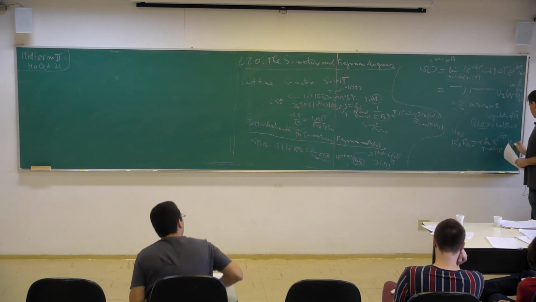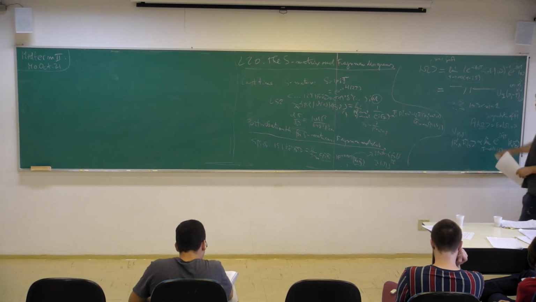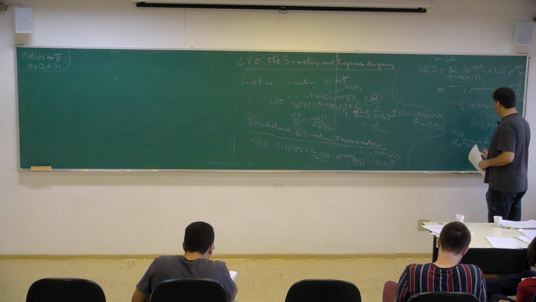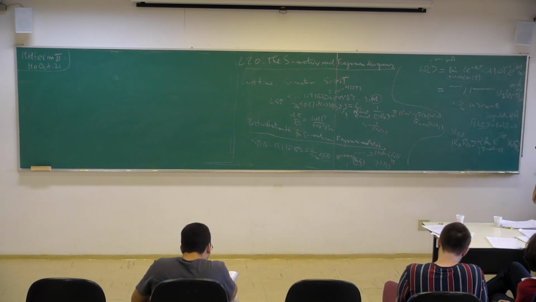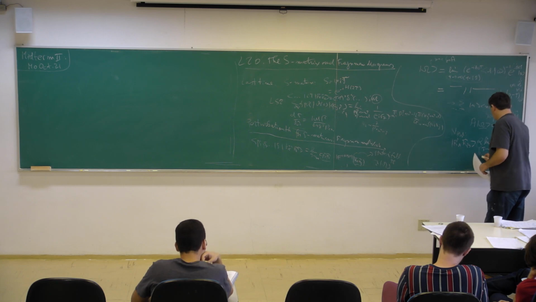So Ka, Kb in the free theory, 0. And unlike in here, we write a proportionality constant simply because the actual normalization is a little bit more complicated.